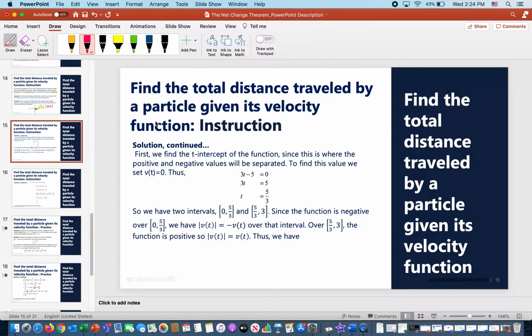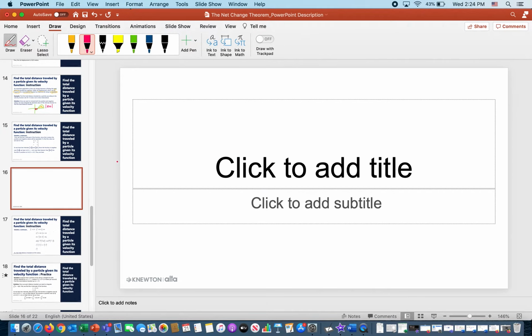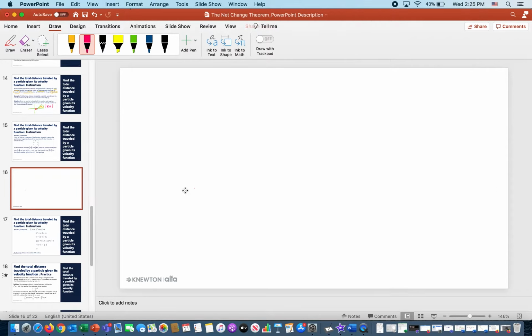And so I'm going to solve this slightly different so that you can see how it plays out. So first, let me go in and insert a slide right here, just so that I have some area to draw on and you can see clearly, because some of these slides get a little busy.